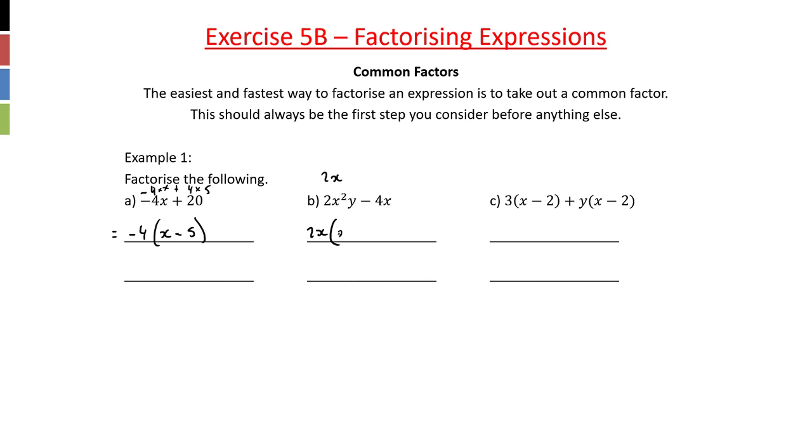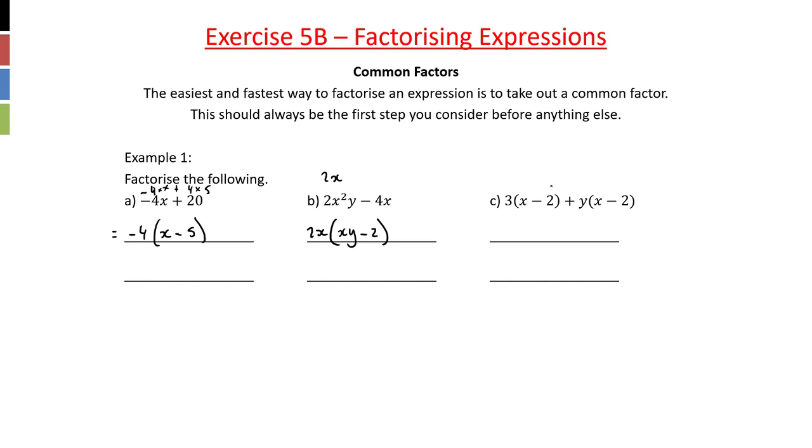I need to multiply by an x to get my x squared, and by a y. Now we look at my second term. What do I need to multiply 2x by to get -4x? It's going to be -2. I've just taken out one factor, and it's factorised as far as we can go.